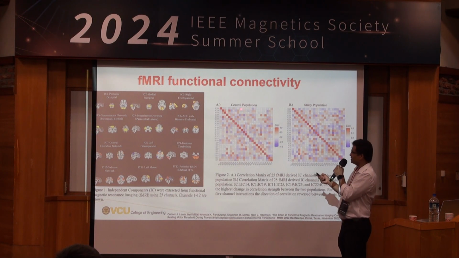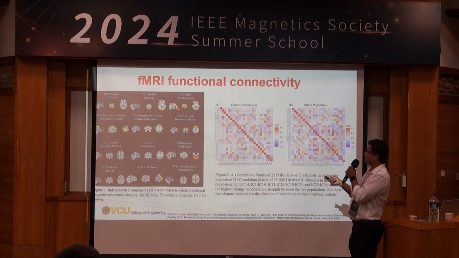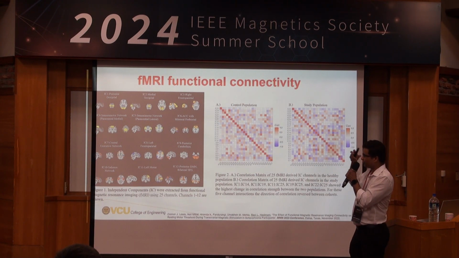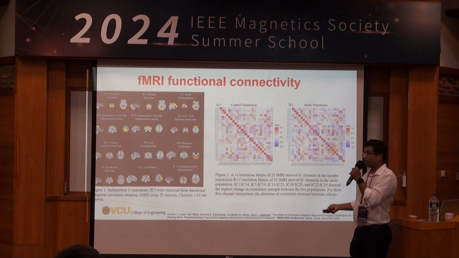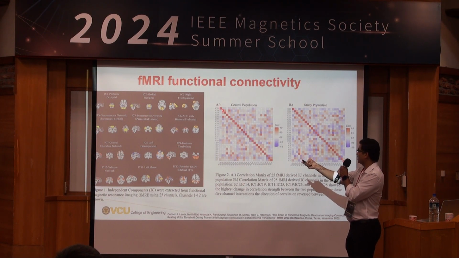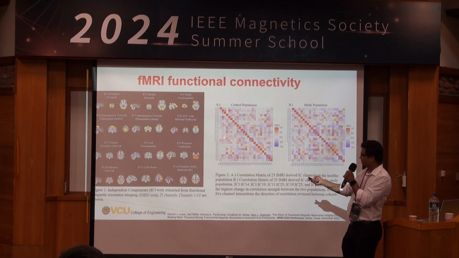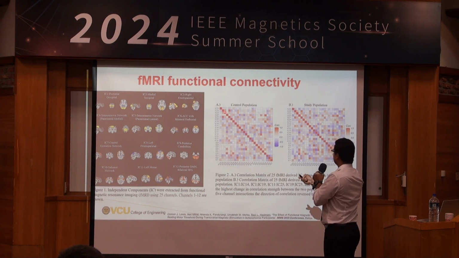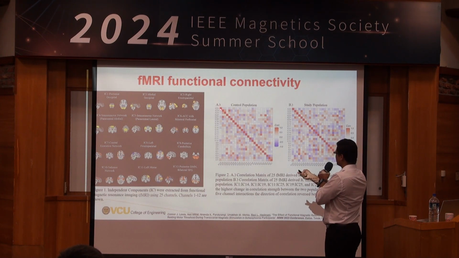This is an fMRI study. Basically, fMRI is looking at oxygen perfusion in different areas of the brain. So these are all different areas, and of course, this is how they are normally plotted. The red, for example, of course has to be red. This is correlated to the same region.